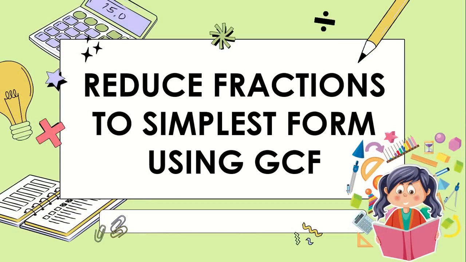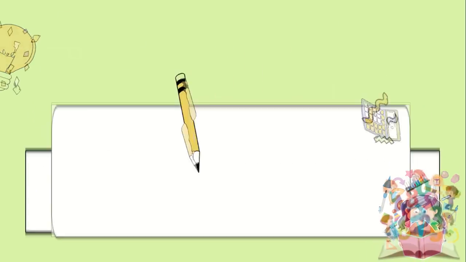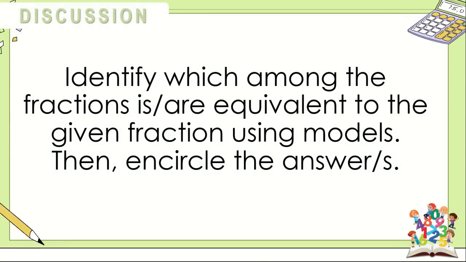Let's discuss reducing fractions to simplest form using GCF. Identify which among the fractions is or are equivalent to the given fraction using models. Then, encircle the answer or answers.